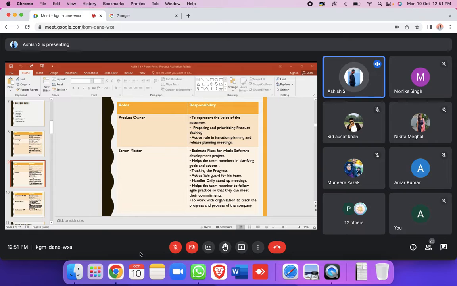The development team had to be taken care of by one team lead, and the testing team had to be taken care of by one testing lead. That is how it depends on the project. Understood? Now your doubt is clear.